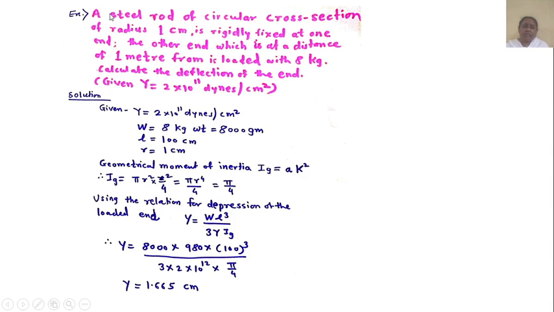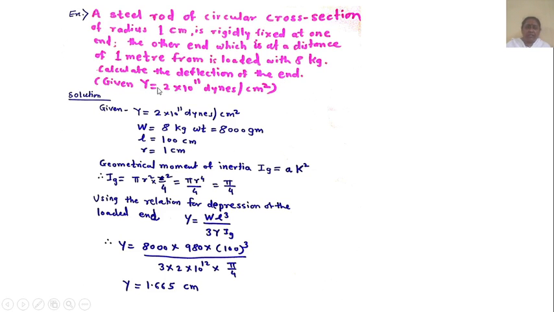Now next example: a steel rod of circular cross section of radius 1 centimeter is rigidly fixed at one end and the other end, which is at a distance of 1 meter, is loaded with 8 kg. Calculate the deflection of the end.